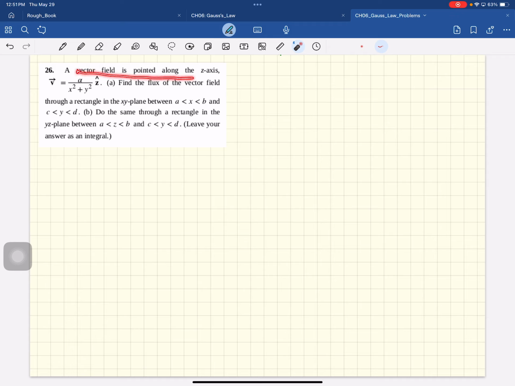So a vector field is pointed along the z-axis. Find the flux of the vector field through a rectangle in the xy plane between A and that. Do the same through a rectangle in the yz plane. Leave your answer as integrals, okay?